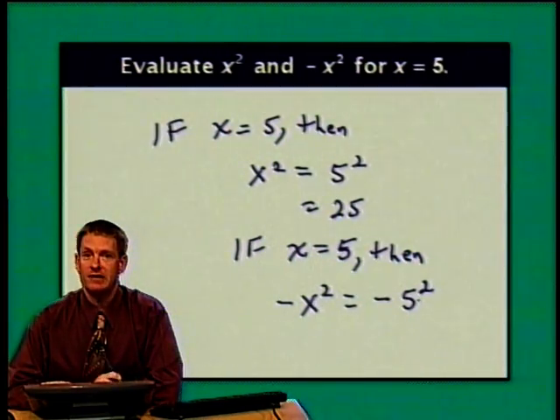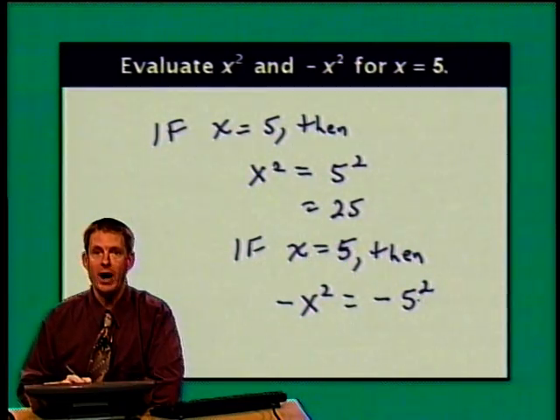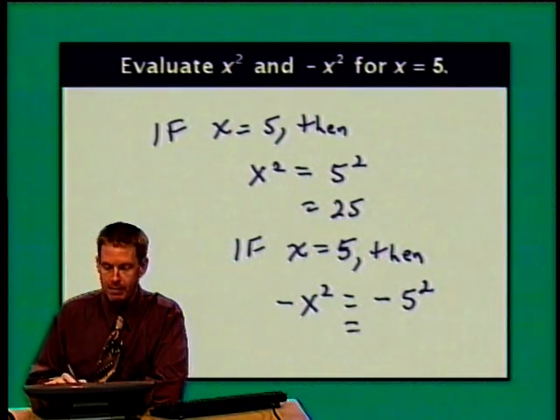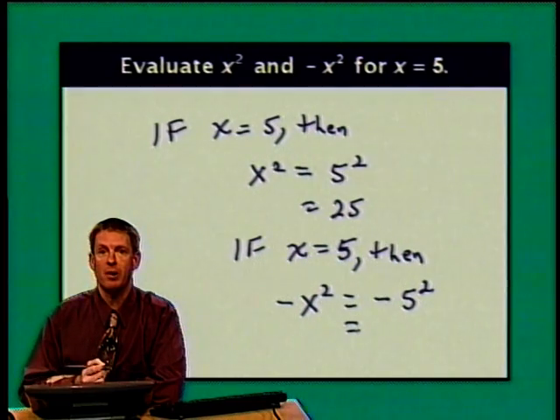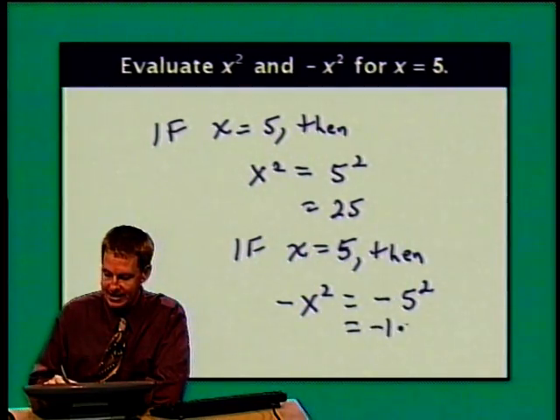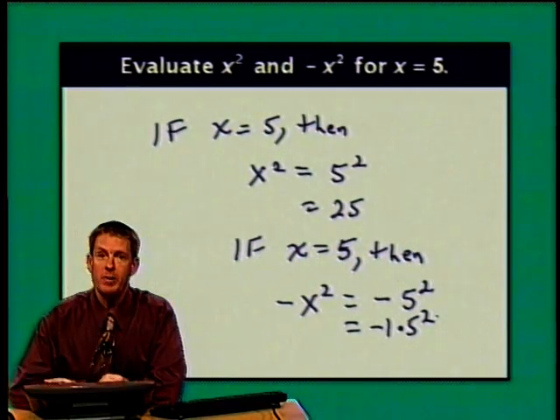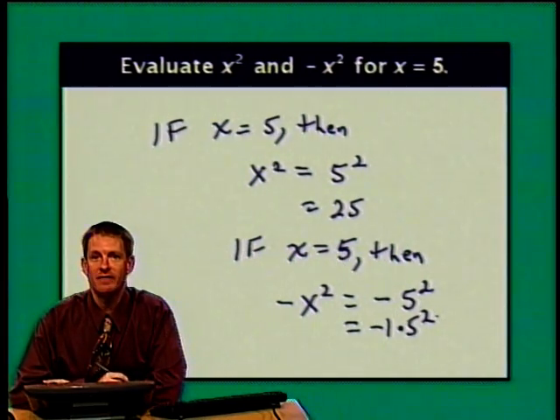And the meaning of the symbols, a negative sign followed by a 5 with an exponent of 2, is the opposite of 5 squared. A way you can help yourself remember that is that taking the opposite of a number is the same as multiplying the number by negative 1. So I can think of this as negative 1 times 5 squared, and I know because of order of operations that the first thing I need to do is square the 5.